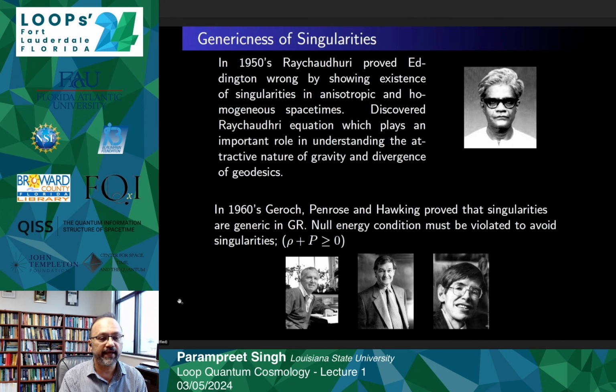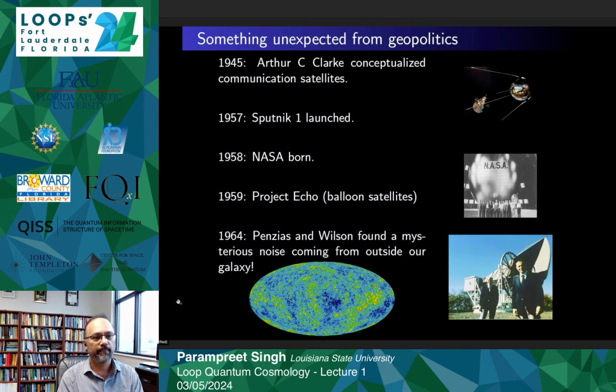But something very amazing happened at the same time from the observational side, and this came from geopolitics. It was an amazing discovery, which I think students would love to think about and know about. Broadly in 1945, Arthur Clarke was conceptualizing the ideas of communication satellites when World War II was ending.